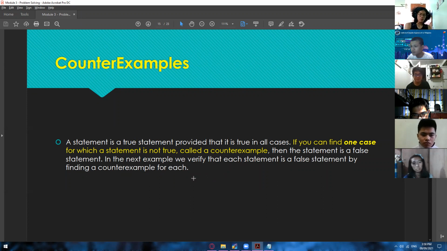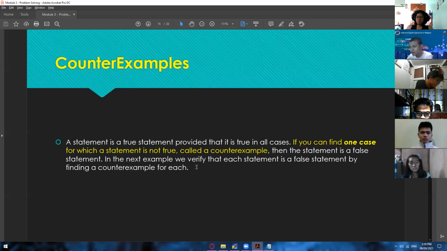So there is no such pattern anymore since at that point, it's not true anymore. A statement is a true statement provided that it is true in all cases. But if you can find one case for which a statement is not true, it is called a counterexample. Then the statement is a false statement.